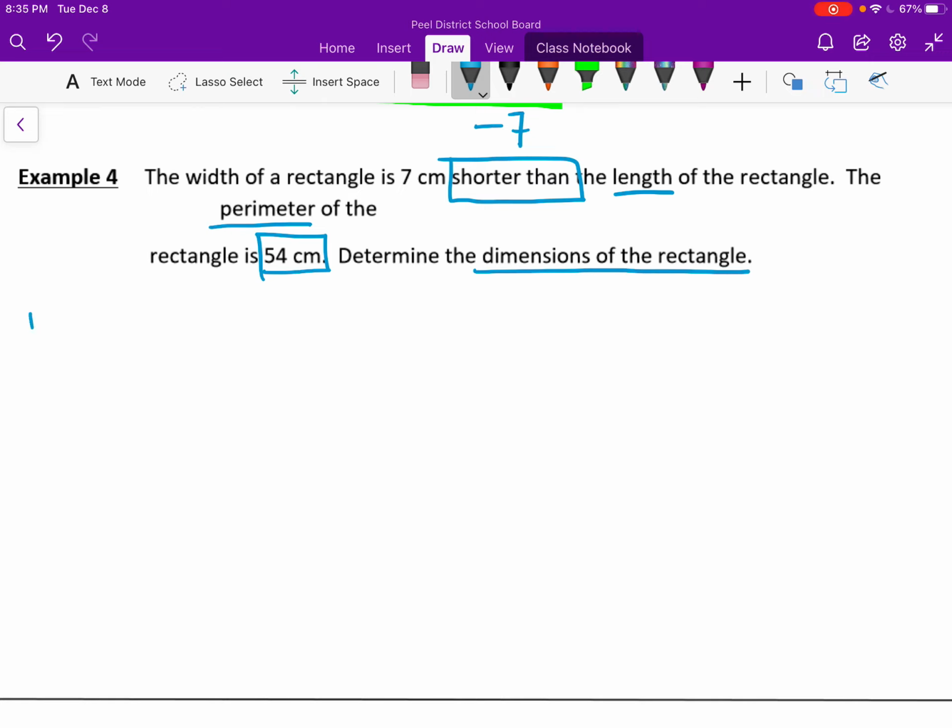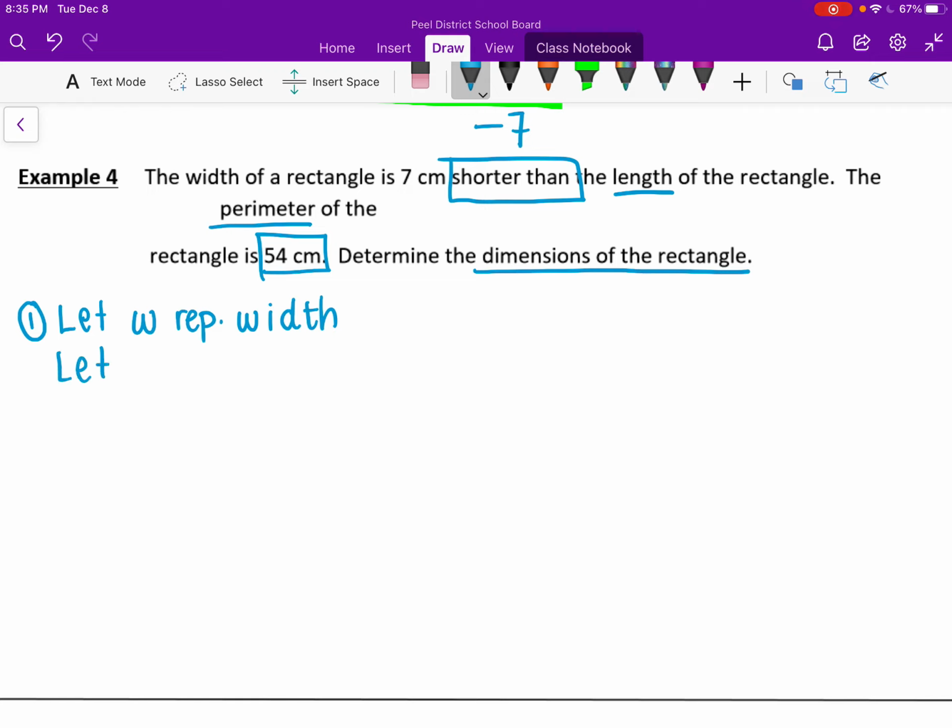So I'm going to make, right off the bat, I'm going to say let x, I don't like x for this. We'll do w and l. Let w equal width. So w will represent width. Rep, I'm just going to write it as rep.